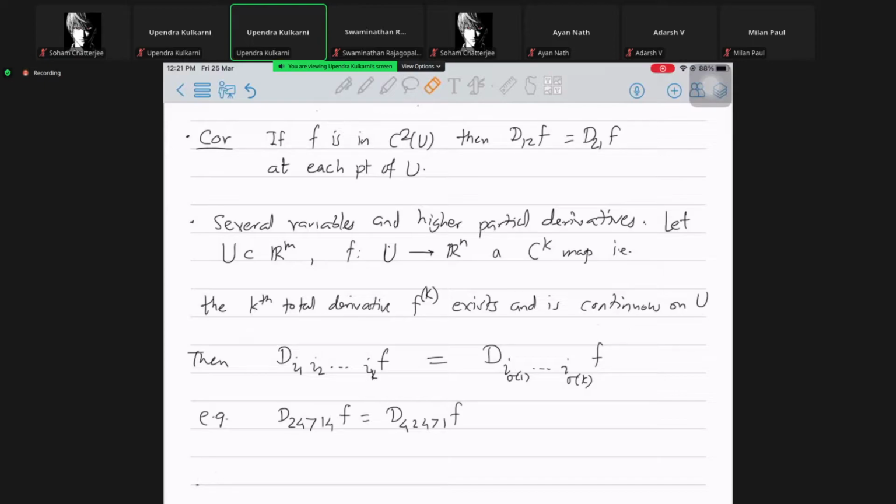Let me take a special case. Suppose some function is C7, right? Suppose I take a second partial derivative of this function with respect to some variables. Is this C5? Just check.